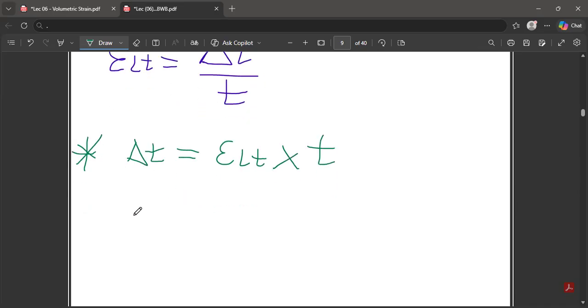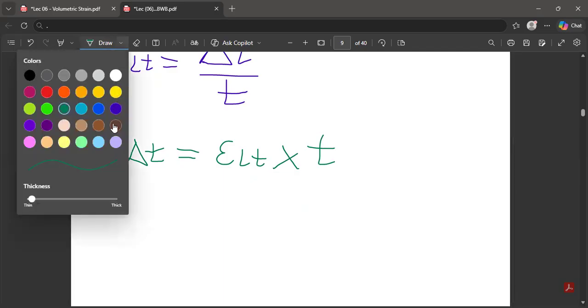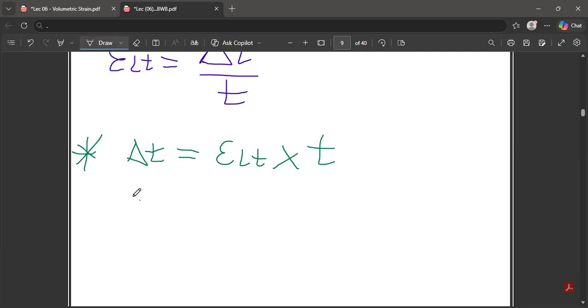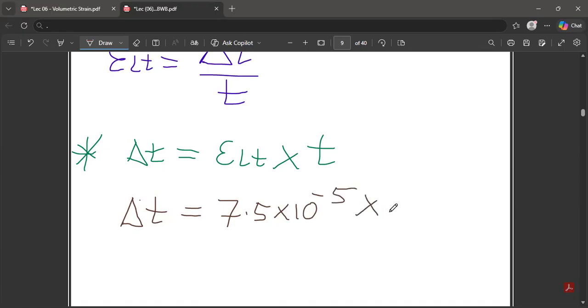So finally, we are going to say that our change in thickness is equal to, for the lateral strain, we had 7.5 times 10 exponent negative 5, times the thickness.